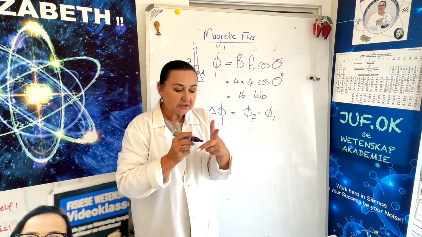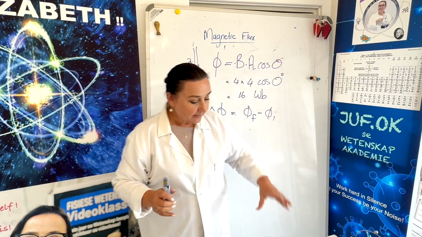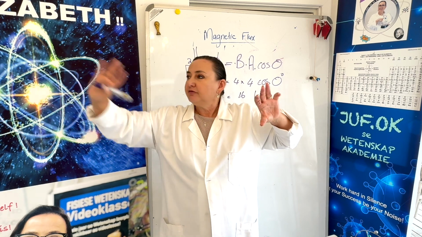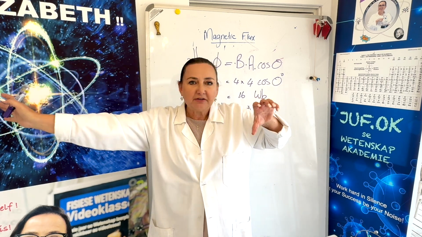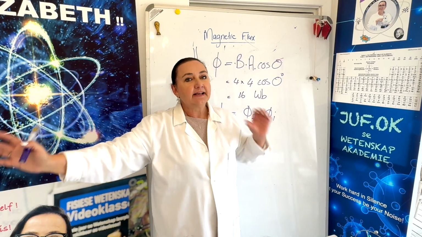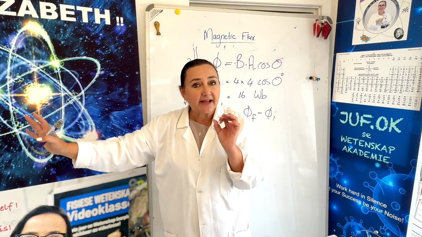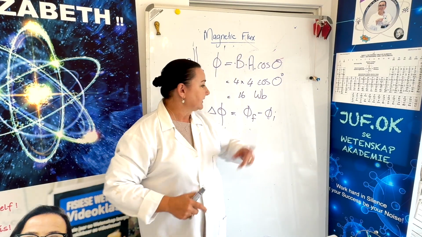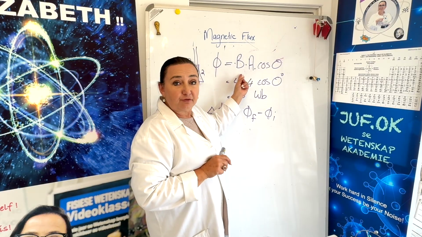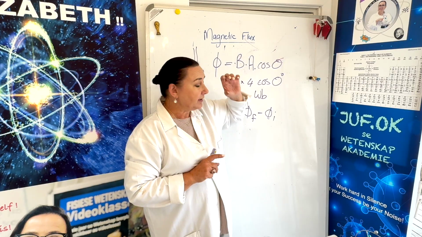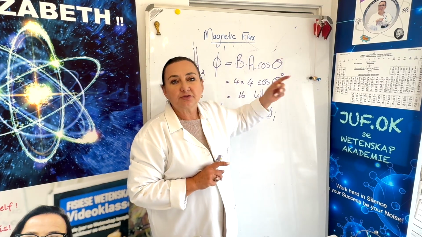What they can also do is say that there's a magnetic flux moving in from nowhere. So it's coming from very far away. Then I can say, oh, my original magnetic flux equals 0. There was nothing. And the next moment it comes in full force with the strength of your magnetic flux density times the area of the opening of your solenoid times cos the angle.